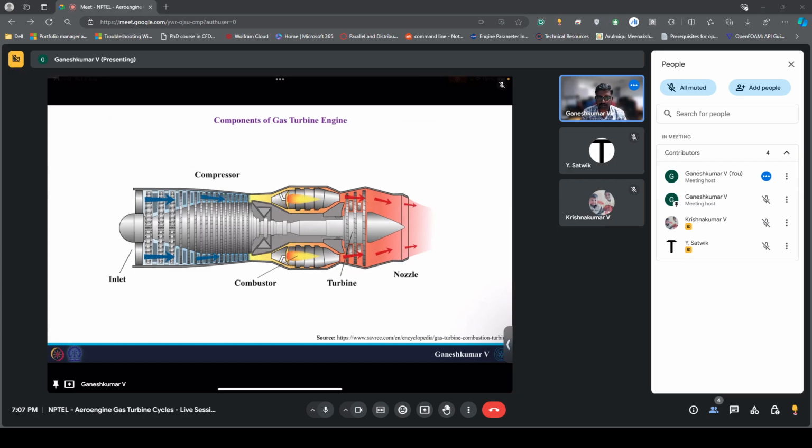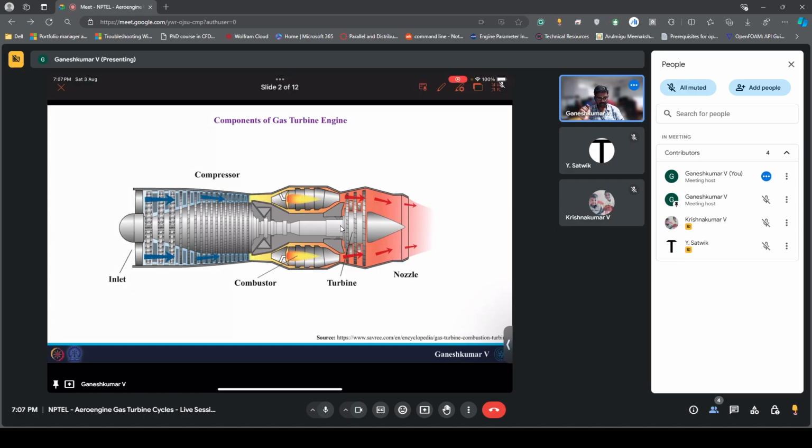So quickly, let me check my recordings. Okay. We all know that there is an inlet. We have a compressor in this region. You have a big region for the compressor, and then a small portion which connects the compressor to the combustor, where you see these flames.